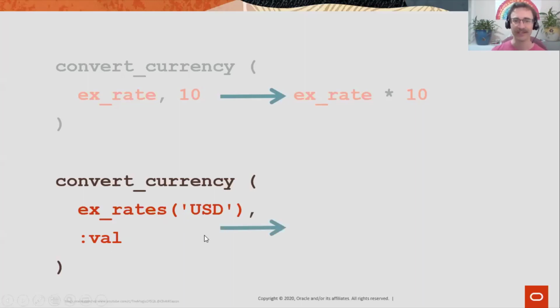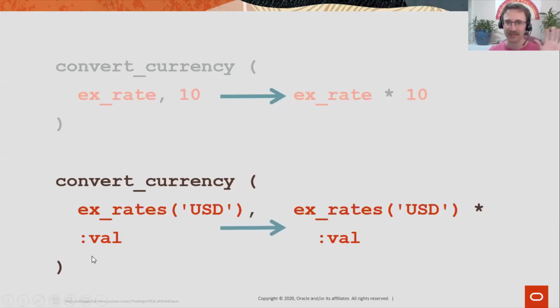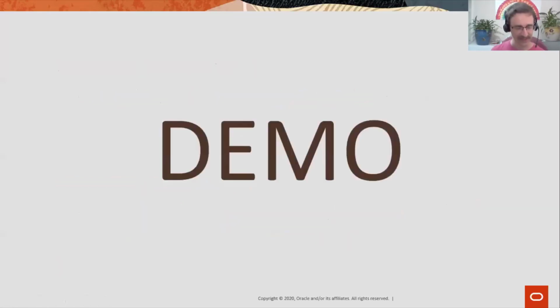No, literally what ends up in the final SQL statement is x rate USD and that bind variable value. So it takes the text of what you are passing, does a find and replace of that within the function, and makes that part of your SQL statement. It does not evaluate these, and this happens when it parses the SQL statement. So at this point, again, I'm going to jump back over to a demo to show you how.